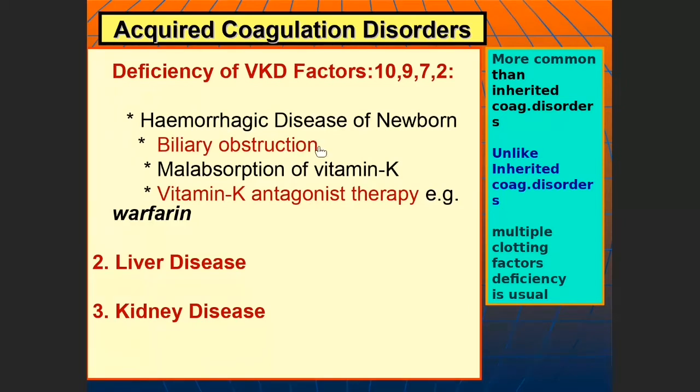Okay, malabsorption of vitamin K as part of the malabsorption syndrome will also cause deficient vitamin K dependent coagulation factors, and acquired bleeding.